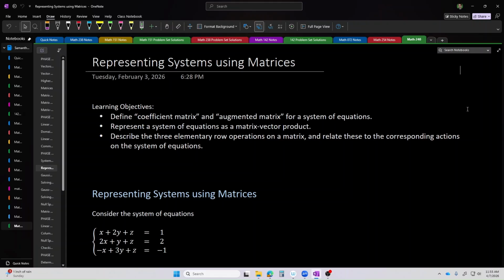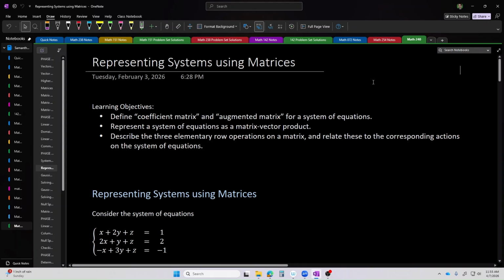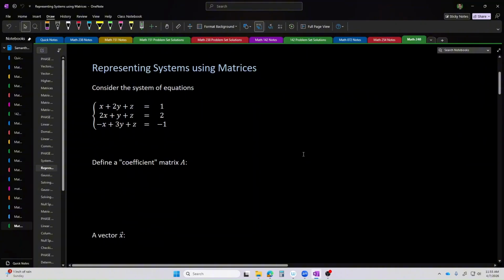So that's what today's lesson is focusing on, taking a system of equations and representing that system using matrices and using vectors.